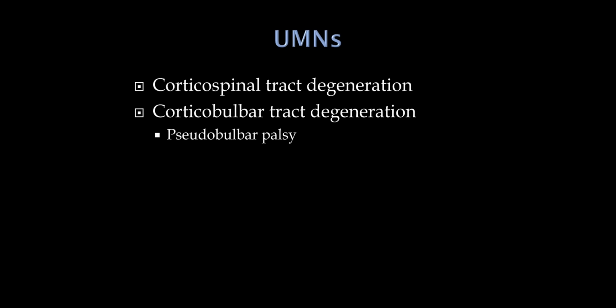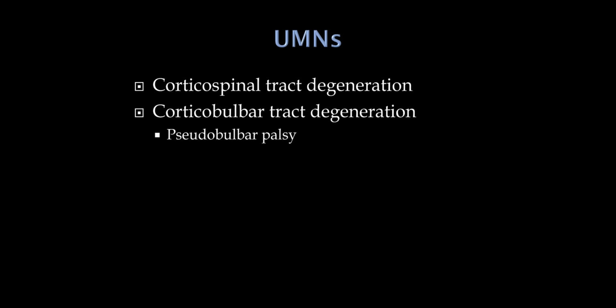The two upper motor neuron pathways that are mainly affected in ALS are the corticospinal tract, which will, of course, give the patient upper motor neuron spastic weakness, and the corticobulbar tract, which goes down to the medulla. These patients have dysarthria and dysphagia from degeneration of the corticobulbar tract.